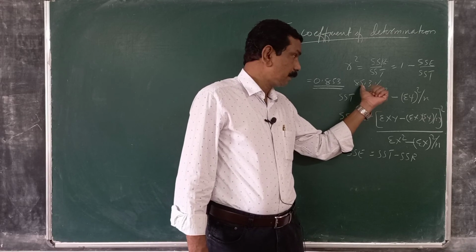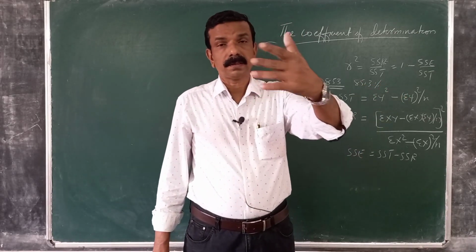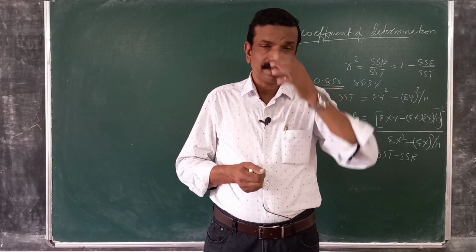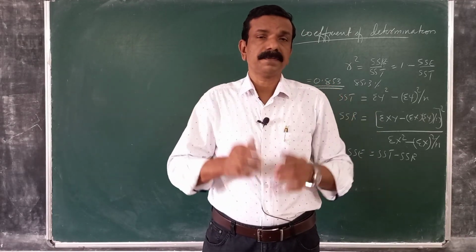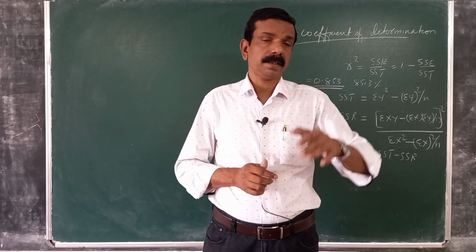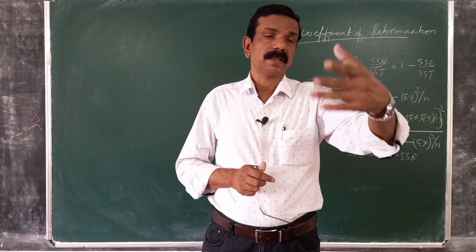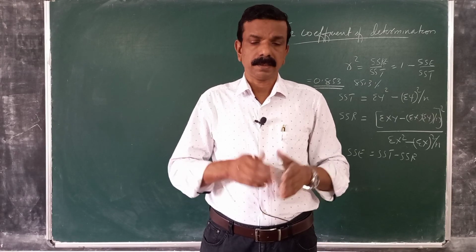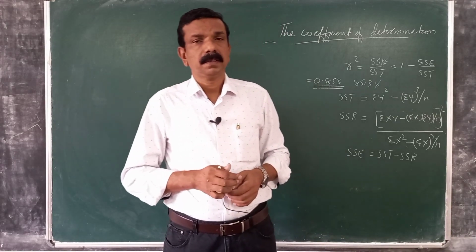The remaining 14.7% is unexplained variation in the observed values of the response variable, and it may be due to factors other than the age of the car. That is the coefficient of determination.